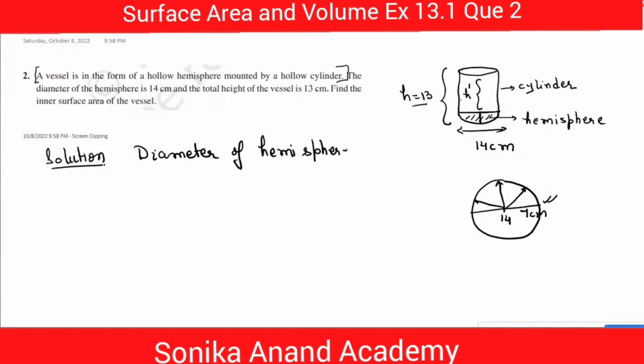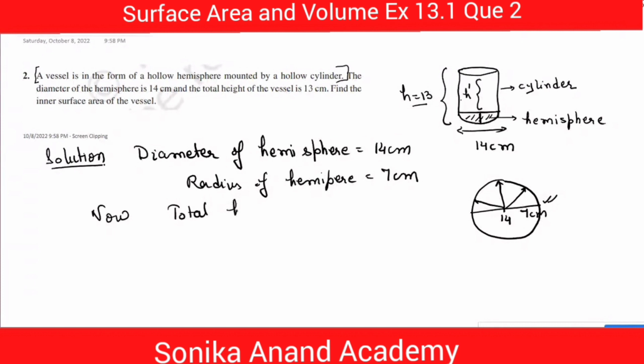Diameter of hemisphere is 14 centimeter. So radius of hemisphere, 7 centimeter. Now total height of vessel is 13 centimeter.